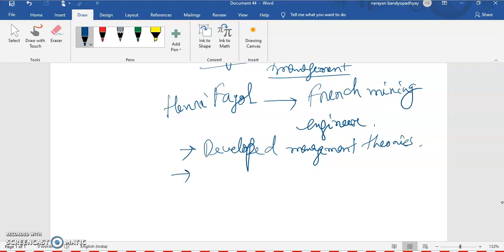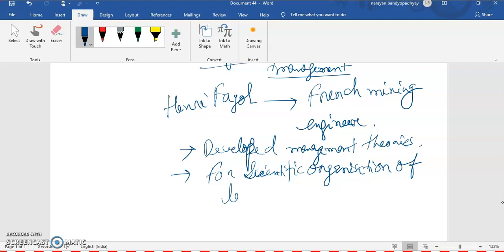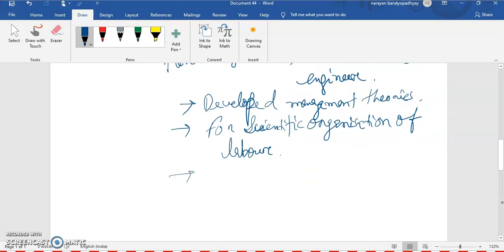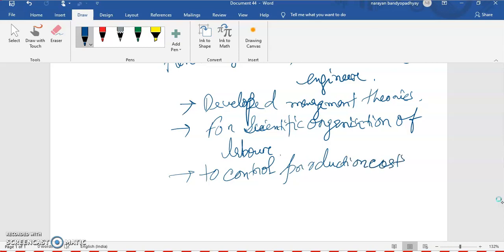Next, for what? For scientific organization of labor. For what purpose? To control production costs in an enterprise, right?